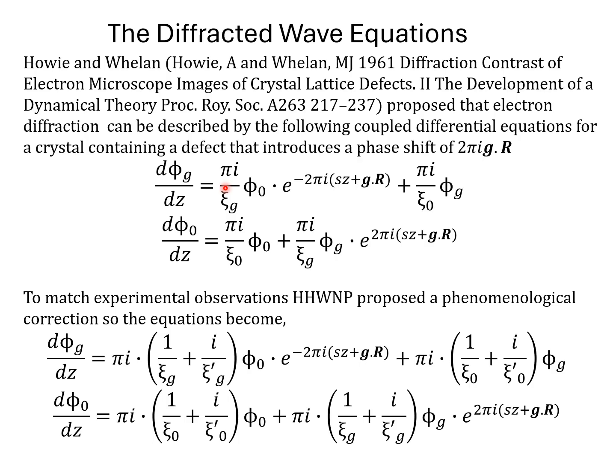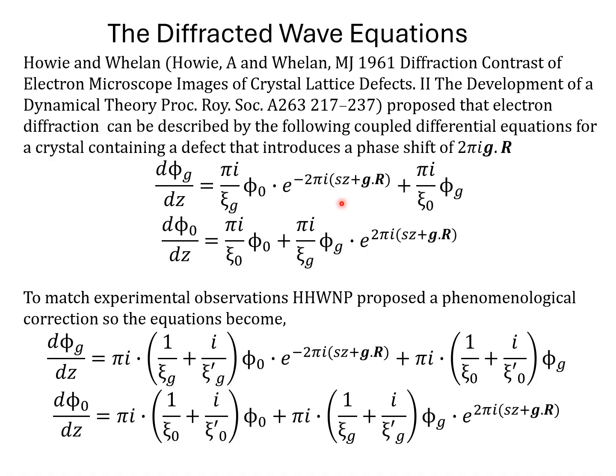You get some change in the amplitude because of diffraction effects, which are dictated by the distance over which this occurs. Like say 100% distance is psi g, and dz says what fraction of this 1 over psi g we're considering at each step as we proceed down the crystal, through the crystal.